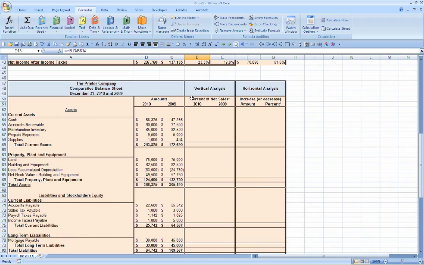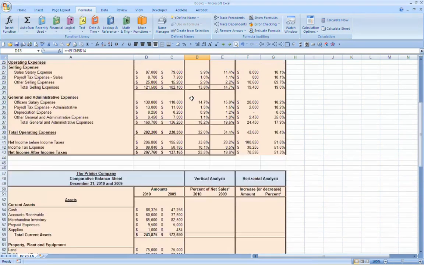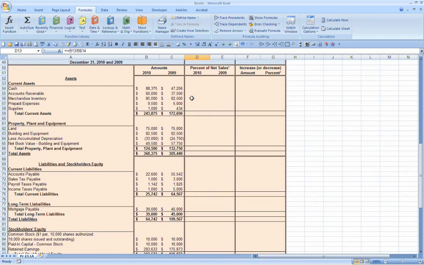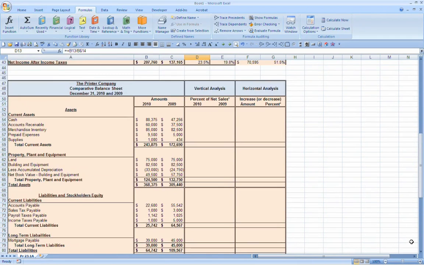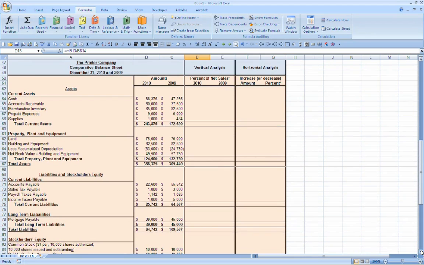All right, the balance sheet. That's the income statement. Here's the balance sheet. And I want to do the same thing with a horizontal and a vertical analysis. Do I have to do one first or the other? No, not really. I could do the horizontal analysis first and take the 2010 amount and subtract the 2009 amount.